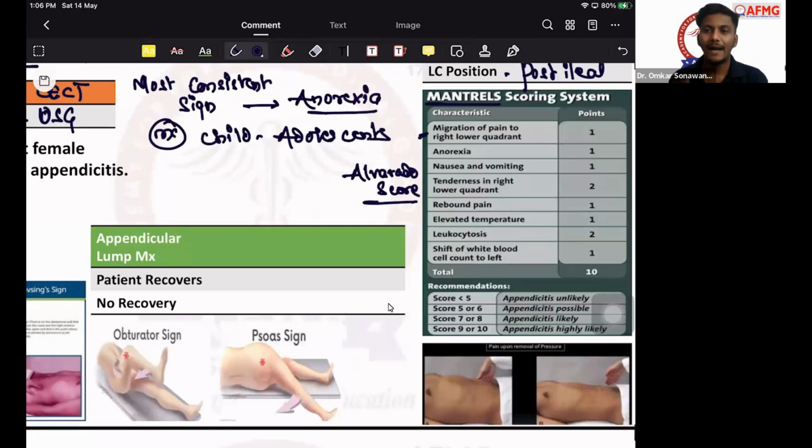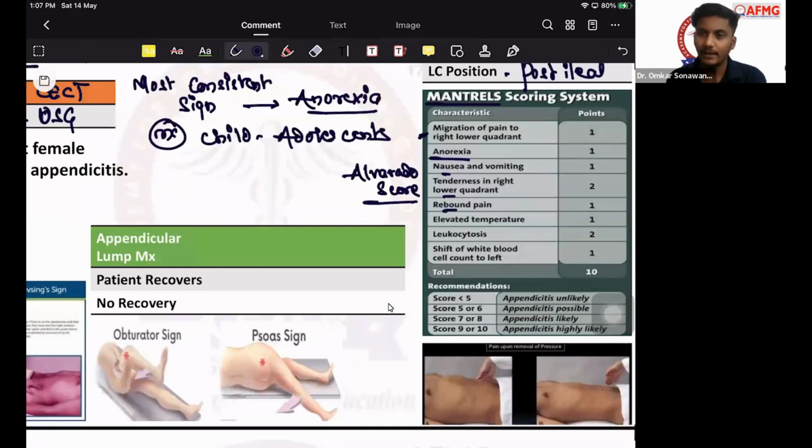A stands for the most consistent sign, that is anorexia. N stands for nausea and vomiting. T stands for tenderness in the right lower quadrant. Tenderness means on palpation, if there is pain. So when you palpate the right iliac fossa, there would be pain. That is what tenderness is. Okay.